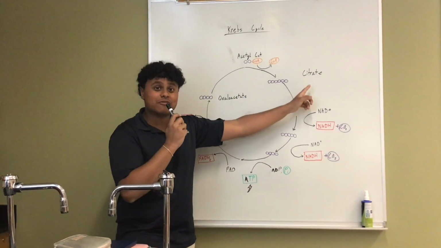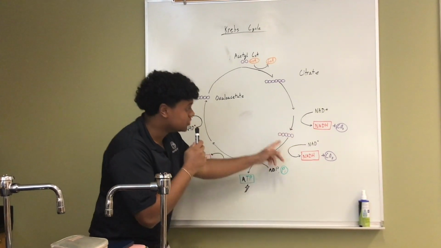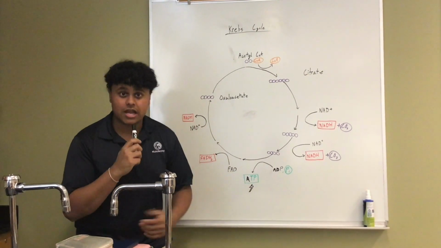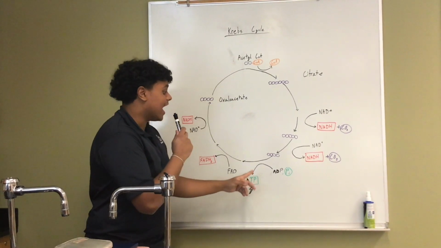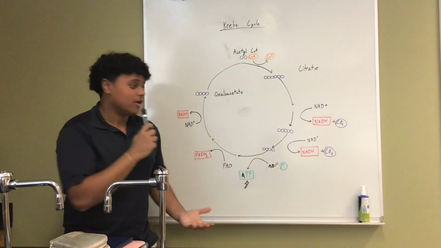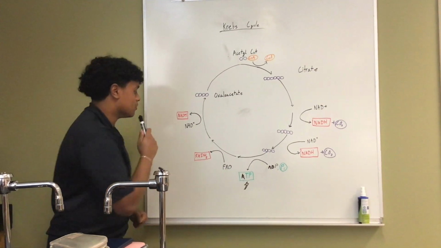Moving from the citrate, we get 2 NAD+ that turn into NADH plus CO2 when they become electron-carrying molecules. This next phase has us taking the ADP and the inorganic phosphate and turning it into the ATP, which is our energy source.